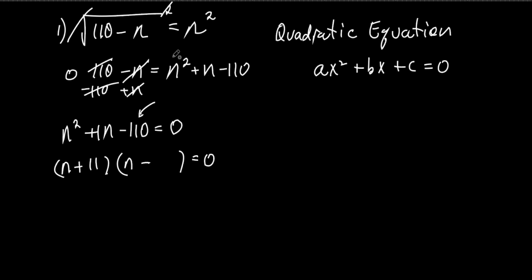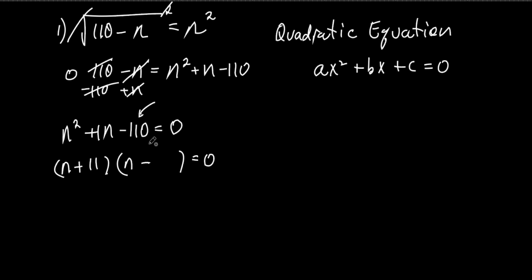So I kept the n squared over there because it was positive. And then I added an n to both sides, right? We've done that a bunch already just today. And then I subtracted a 110 from both sides. What am I left with over here then? A 0. Then I just switched it around. I just put the n squared plus n minus 110 first, and I put it equal to 0. So all I did was just set everything equal to 0.